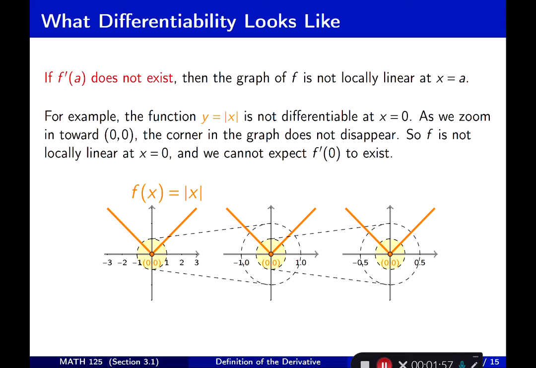So f is not locally linear at x equal to 0, and we cannot expect f prime to exist. In here, we take a little radius 1 around the point 0, 0, and then take smaller and smaller, and still it's completely that V shape and it doesn't disappear.